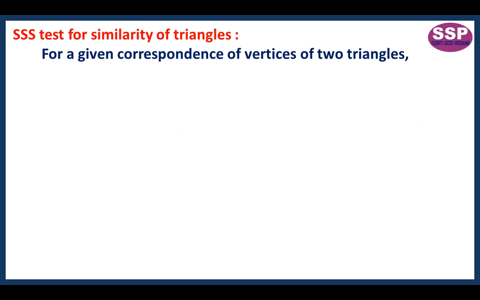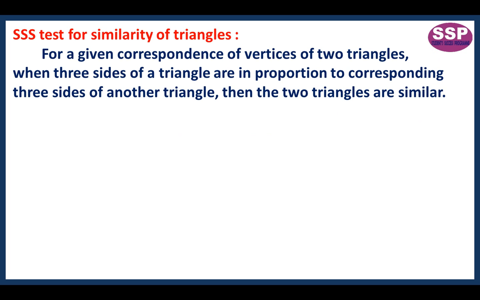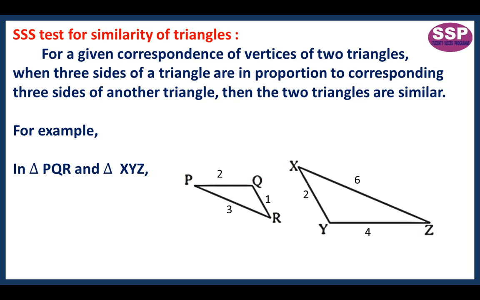Now SSS test for similarity of triangles. For a given correspondence of vertices of two triangles, when three sides of a triangle are in proportion to the corresponding three sides of another triangle, then the two triangles are similar. For example, in triangle PQR and triangle XYZ, the ratios of corresponding sides are in proportion.